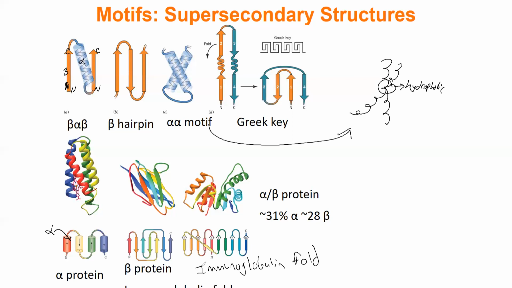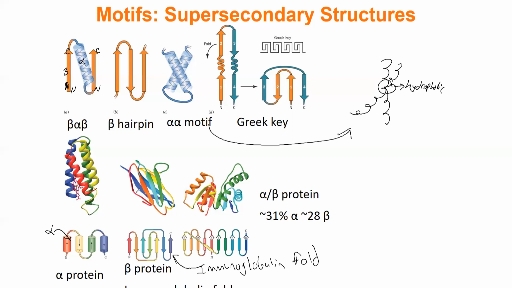For example, this structure that I'm showing right here is called the immunoglobulin fold. And this is shown in your antibodies. So all antibodies have this kind of beta sheet that's kind of looking like a sandwich. And that's called the immunoglobulin fold because you see those in antibodies.